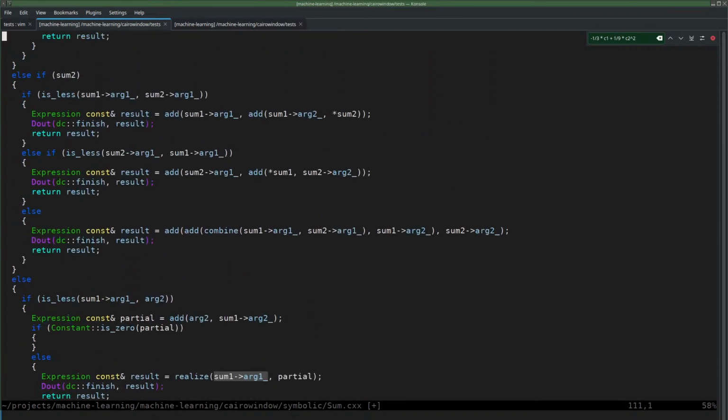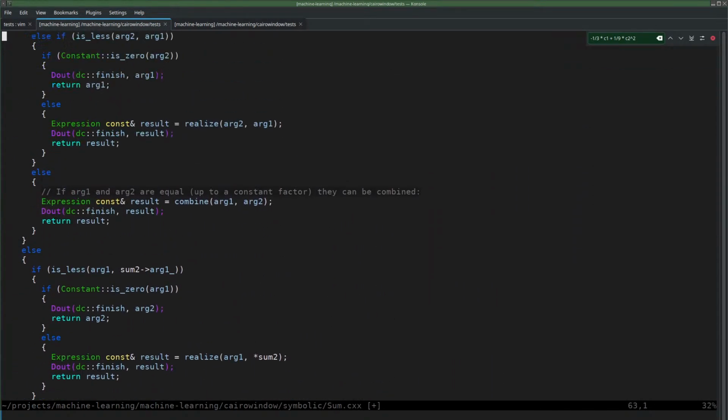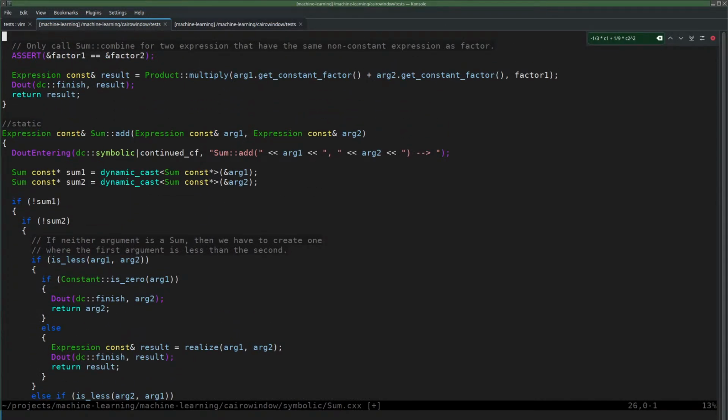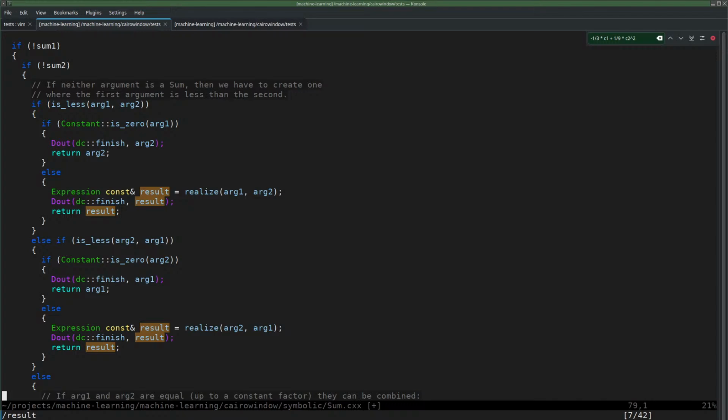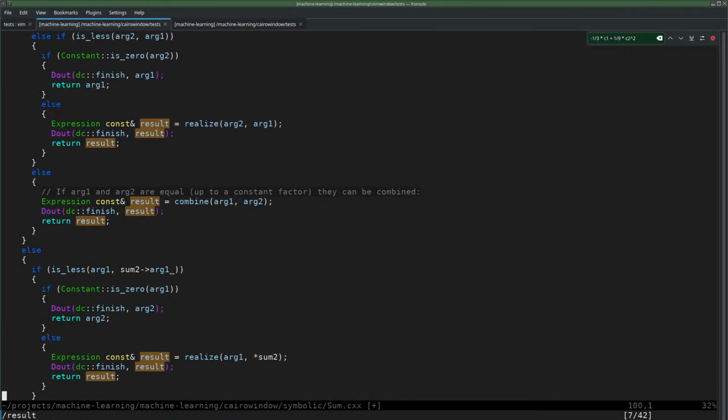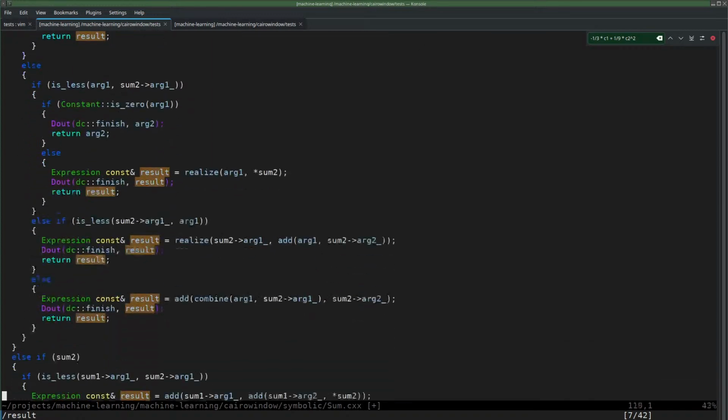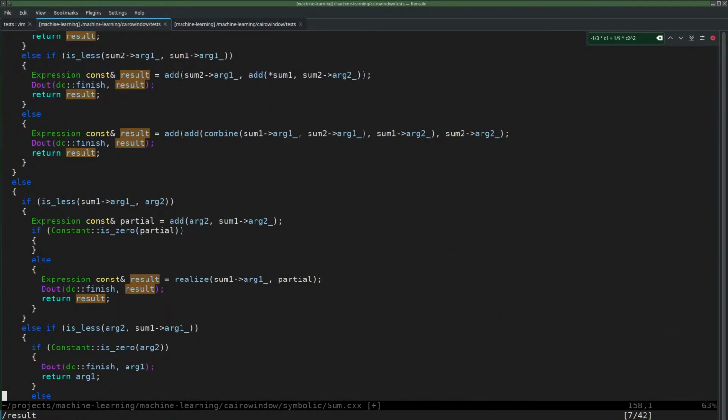What is a result? Oh, it's just a temporary everywhere. It's the result of a realize or a combine there. Realize, add anything, as long as we return it. Okay.